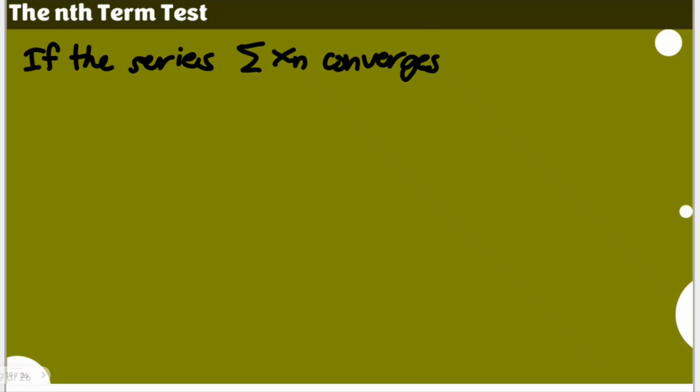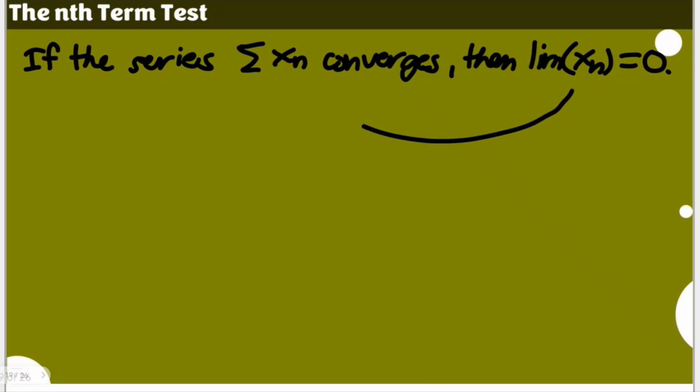If the series, let's say the summation of x sub n, converges, then the limit of x sub n is equal to 0. Take note of the structure of this given statement. It doesn't work otherwise.